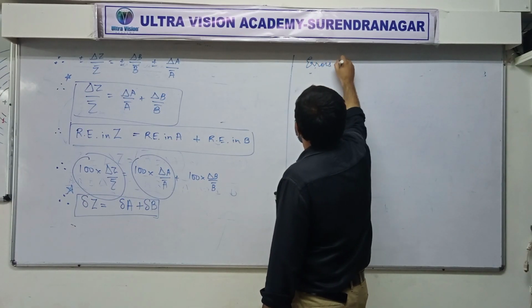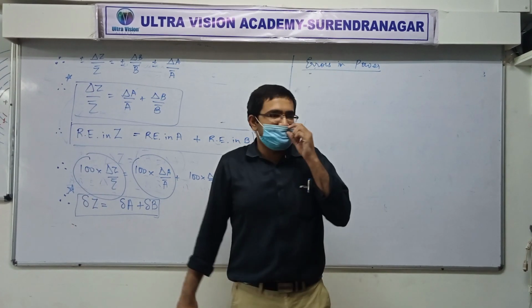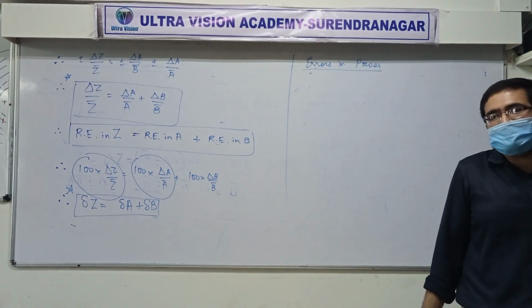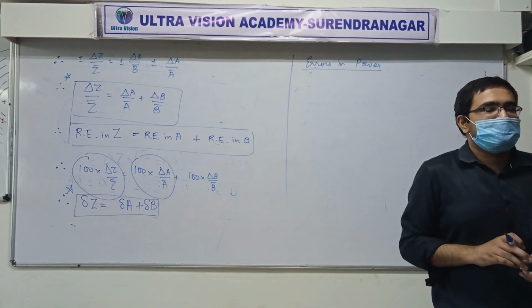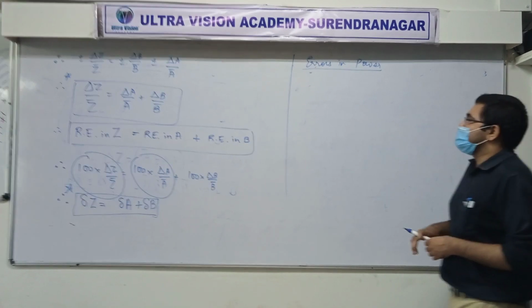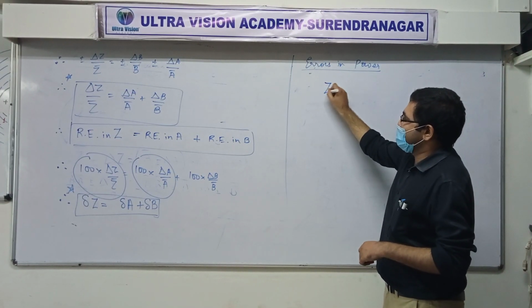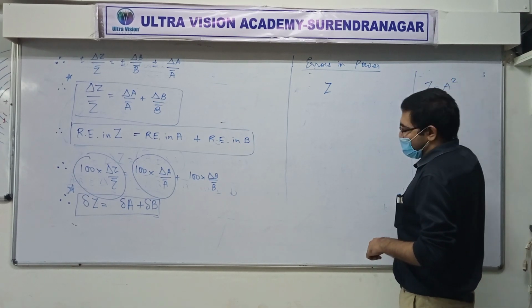Errors in power, not division. Why? We'll first cover power and then we'll come back to division. It is easier that way. Okay, errors in power. So, for example, if you have got something like a square.